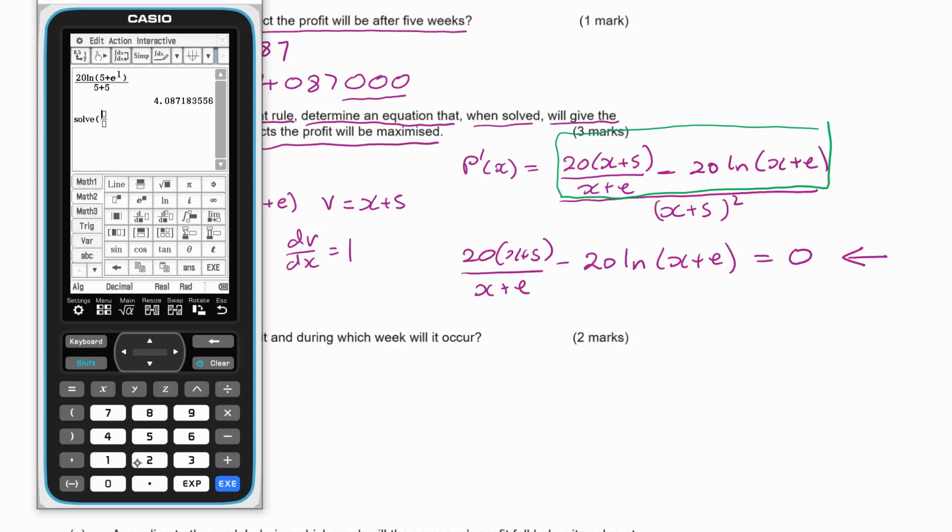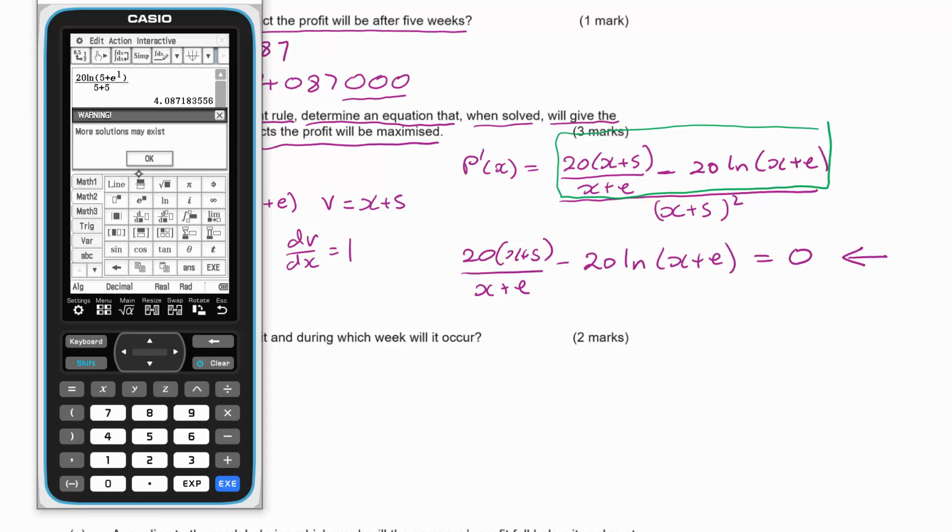And I've got 20 times x plus 5 over x plus e, take away 20 natural log of x plus e, and that's equal to 0.